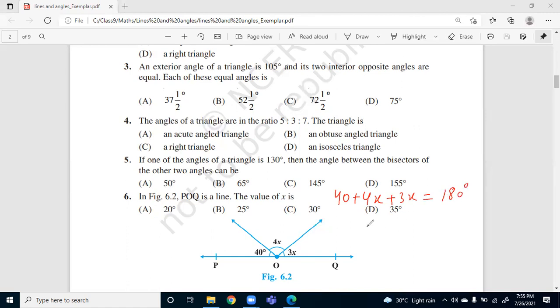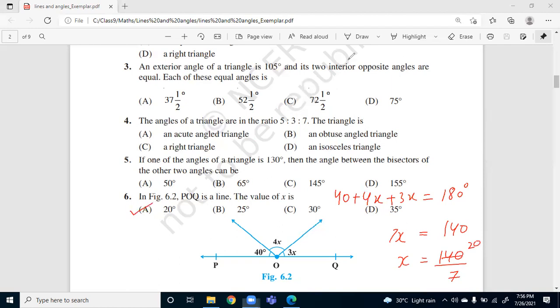After that, ma'am, I did the transfer. 180 minus 40, which is 140. 7x equals 140 is left. 140 upon 7, then it will be 20. Correct. Very good. So the answer is 20 degrees.